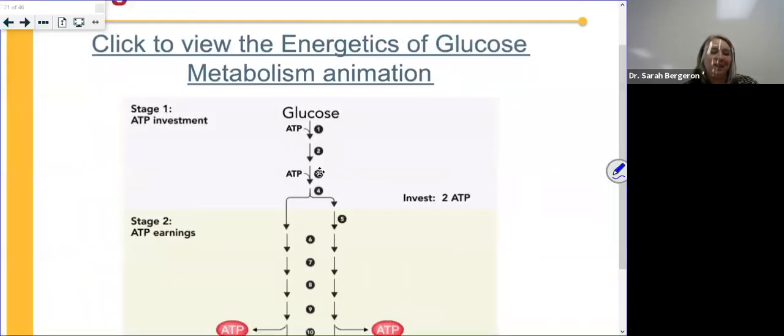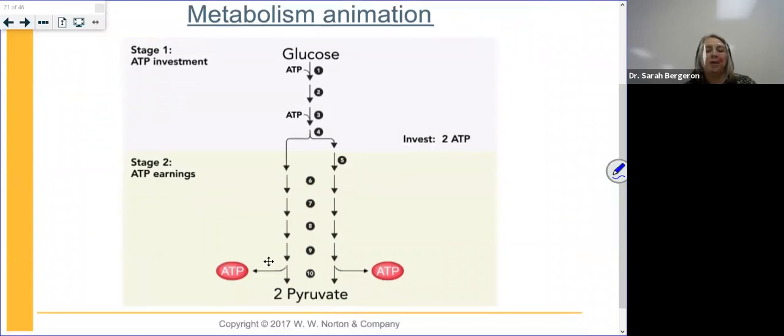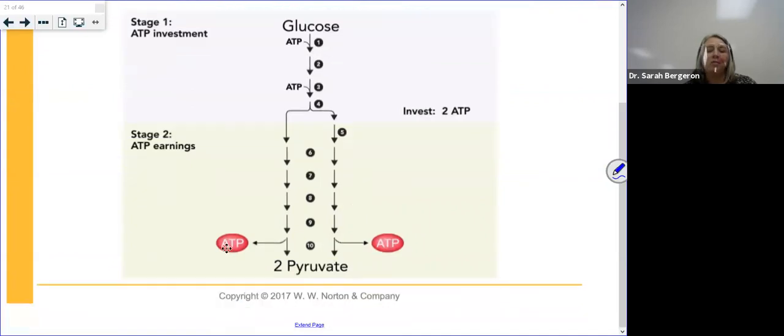But it's a really nice animation that shows the different stages of glycolysis, where you have this initial investment phase, and then you have a production phase, where you make the 2 ATPs that you invested, plus you make 2 more ATPs, okay? And so what you have to remember is that once you get out of the investment phase, the last part of the investment phase is where we break our glucose into 2 3-carbon molecules.